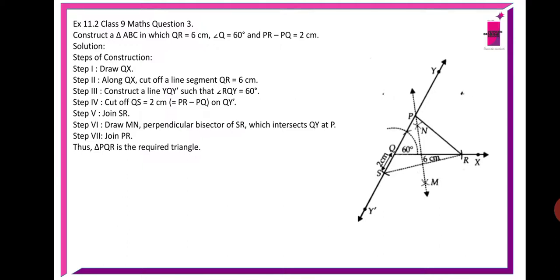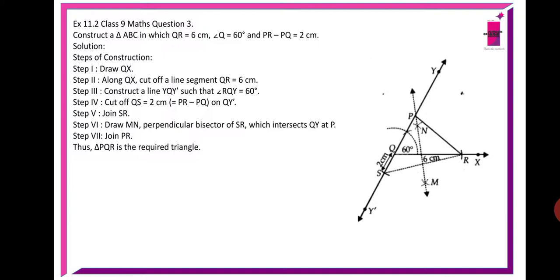As in this question, you can see, construct triangle PQR in which QR equal to 6 centimeters, angle Q equal to 60 degrees and PR minus PQ equal to 2 centimeters. We can see PQ, which is the arm of the base angle, is smaller than the third side. So here the way of construction will be different.